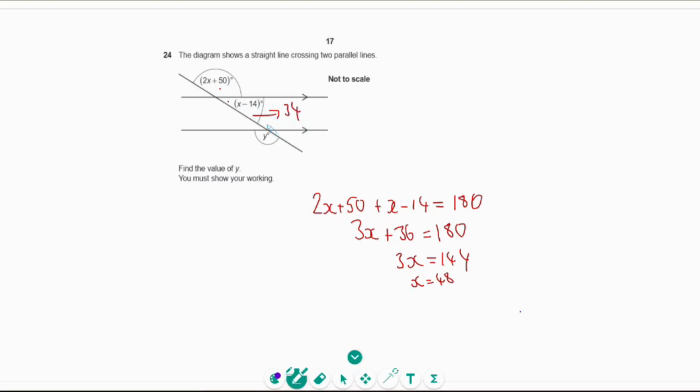That angle is the same as this angle because it's corresponding angle, F angle corresponding, these two are the same. And then I've got angles on a straight line, add up to 180, so 180 minus 34 gives us our missing angle of 146.